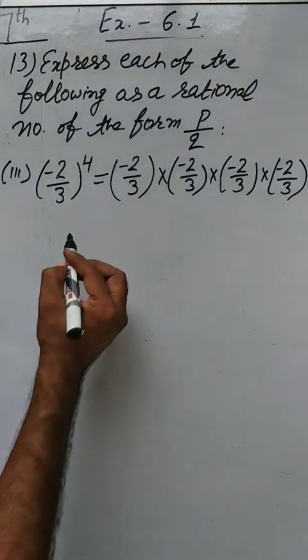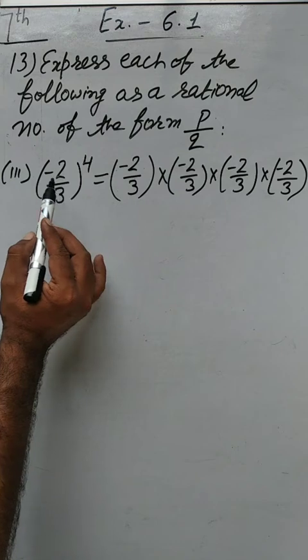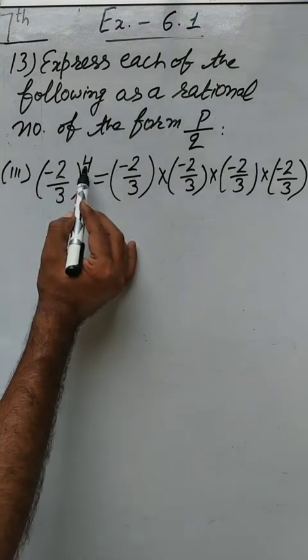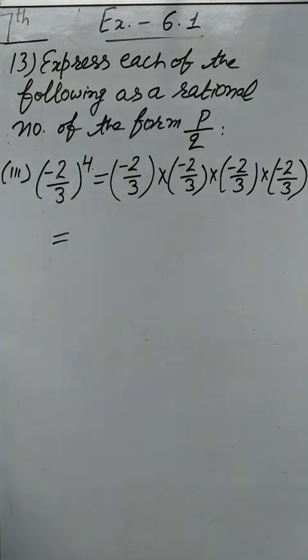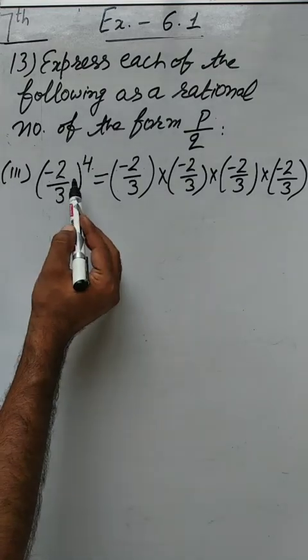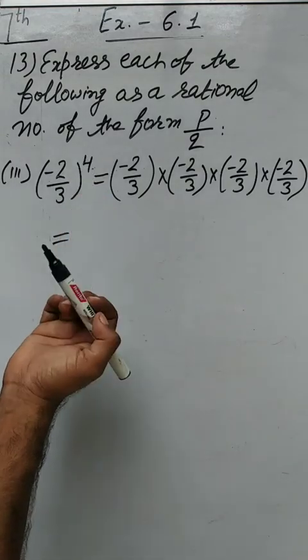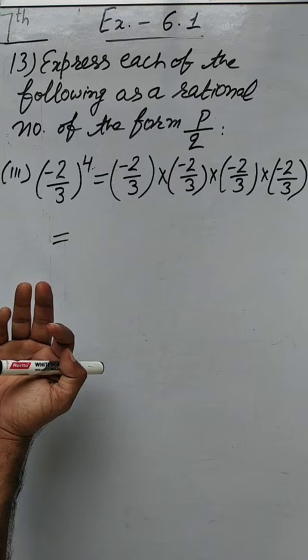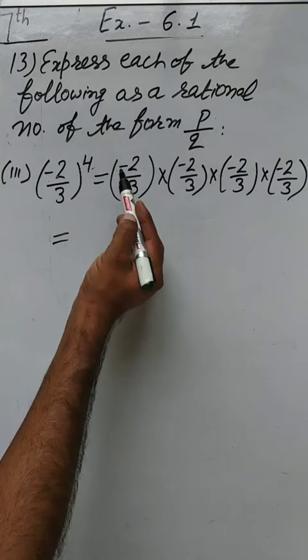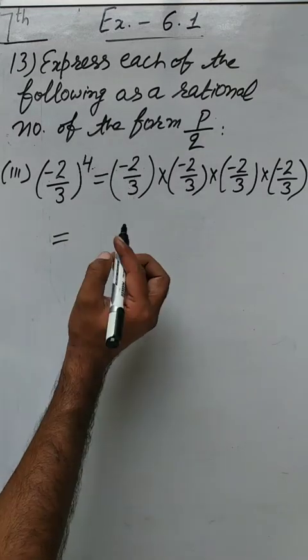Understood? Now look. First of all, what is the power of minus 1? Power is 4. So if the power of minus 1 is an even number, then your final answer will be positive. So minus becomes plus. Okay beta?